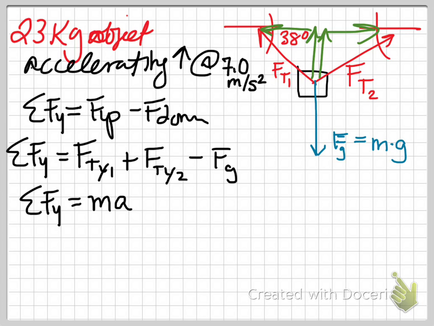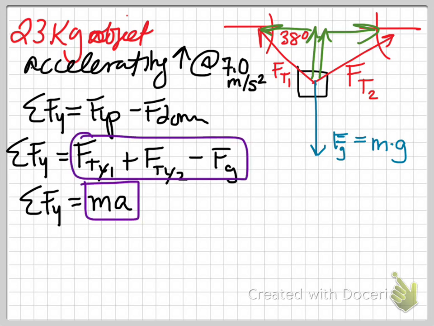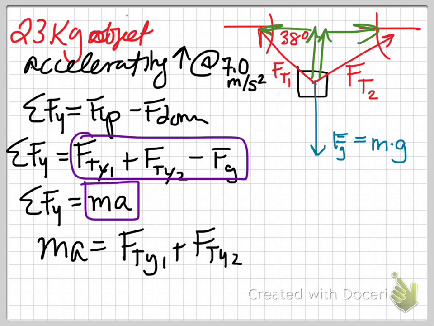Well, now we got something we can sink our teeth into, because now we have the ability to set this equal to that. So mass times acceleration equals force of tension y1 plus force of tension y2 minus the force of gravity.